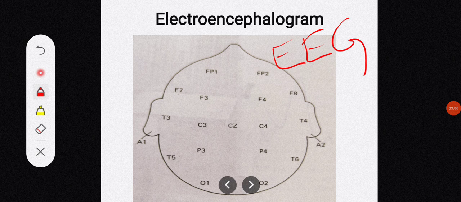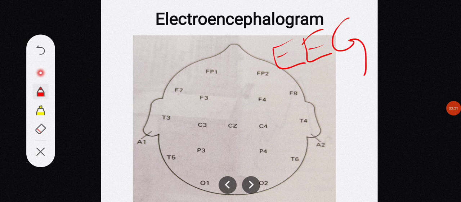We get the graph by using measuring electrodes. So we have to use the measuring electrodes over the scalp of the human body. If you use measuring electrodes, then you can record the electroencephalogram.